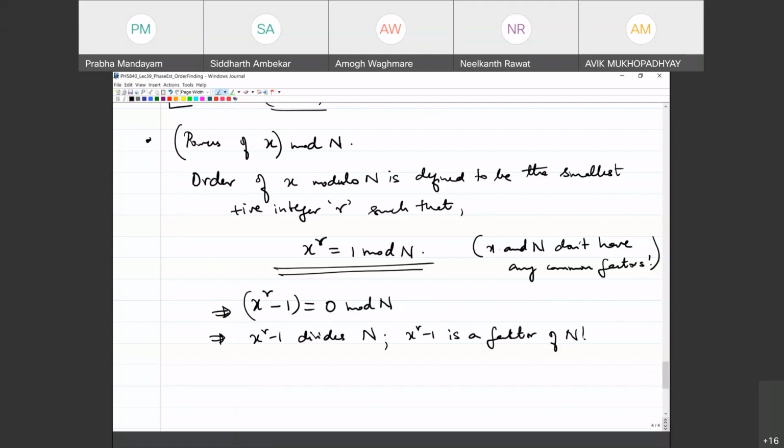And note that x to the r minus 1 is itself x to the r by 2 plus 1 times x to the r by 2 minus 1. So one of these two must be factors, right? So this step becomes a crucial step in the factoring algorithm.